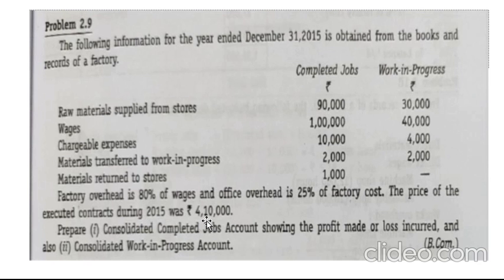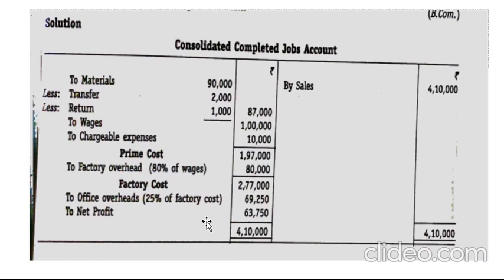So we will consider the sales in your consolidated completed job account on the credit side because it is an income. By sales 4,10,000. Out of your total expenses till here, when we minus it from sales, we will be getting your net profit. So net profit will be 63,750.